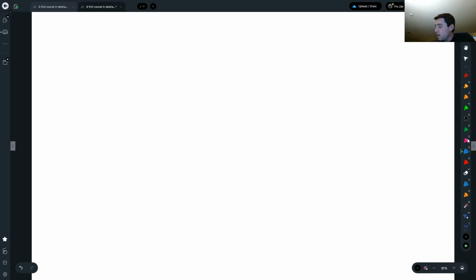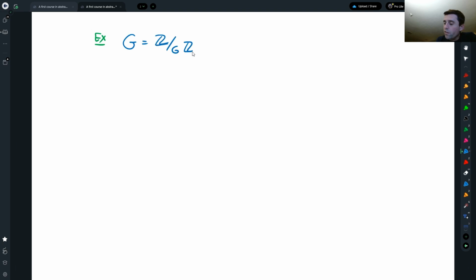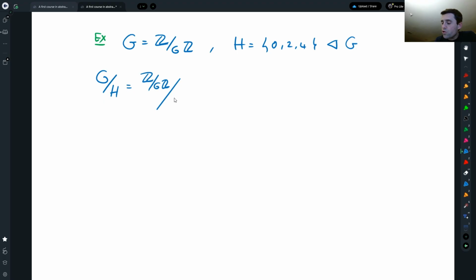There are other subgroups of Z modulo 6. In Z modulo 6, I can also define a subgroup H given by {0, 2, 4} modulo 6. That is a subgroup, which also will be normal because G is abelian. What is G modulo H in this case? That is Z modulo 6 quotient by {0, 2, 4}.